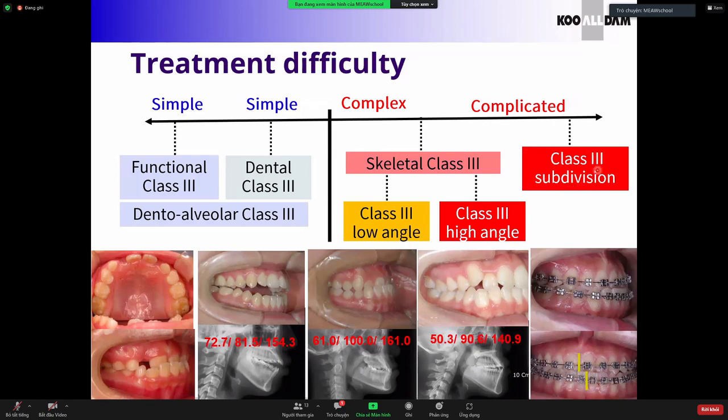So class 3 subdivision, this is midline deviated to the other side. And also class 3 high angle case is somewhat complicated. And also class 3 low angle case looks severe. However, this is a complex case.